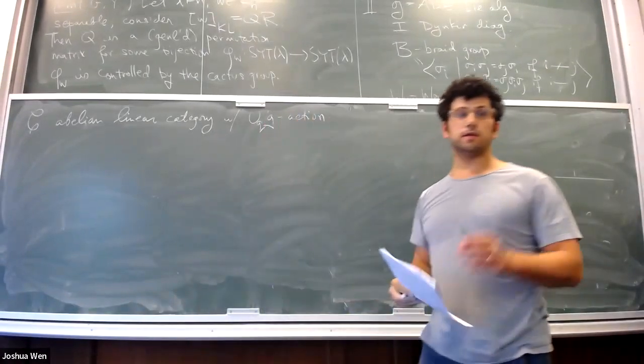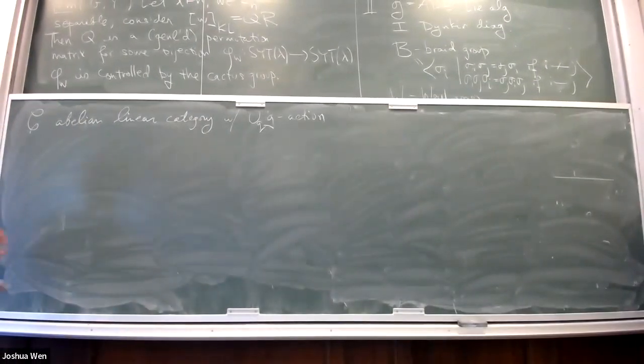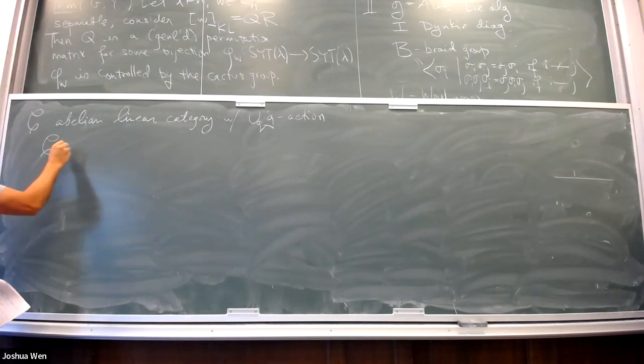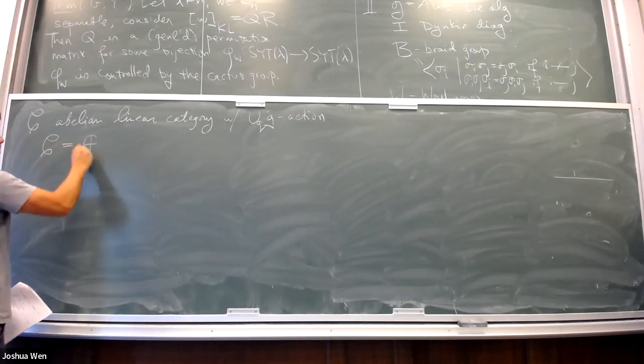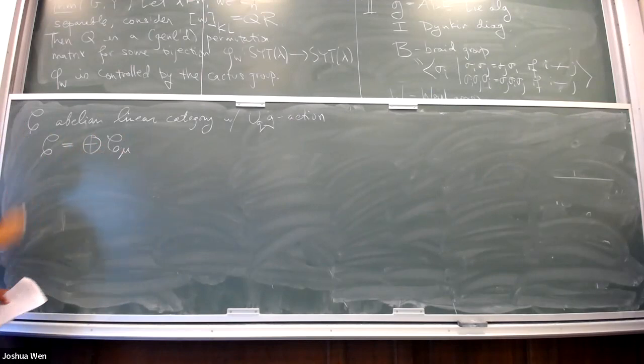Here I really mean it in the sense of Cautis, Kamnitzer, and Licata, and Rouquier. I'm not going to go into all the details of what exactly this entails, but the basic idea is that, first of all, we have a weight space decomposition of this category.